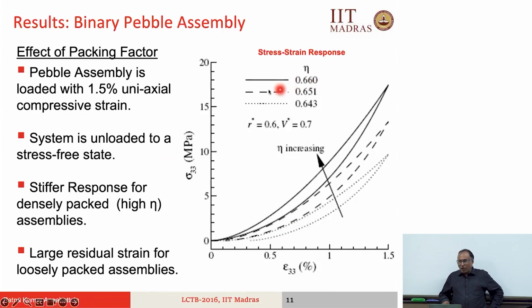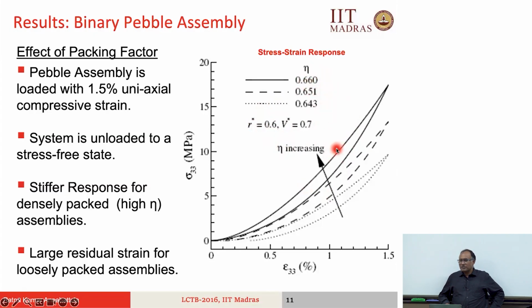Now let us look at this one. I am dealing with one particular binary assembly whose radius ratio is 0.6 and volume fraction ratio is 0.7, normalized radius and normalized volume fraction. Now these are 0.66 packing fraction, 0.65 and 0.643.